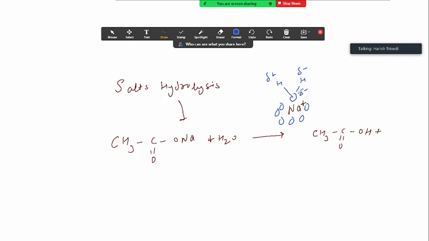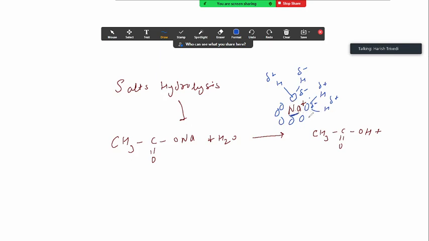So this partially negative oxygen will be attracted by sodium, and similarly delta plus, delta minus. Like that it will be surrounded by water molecules.